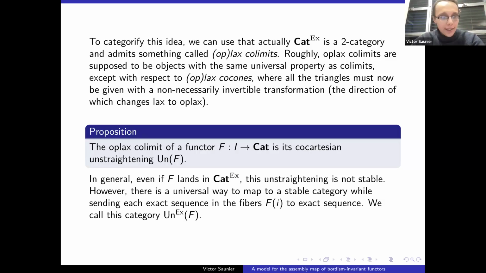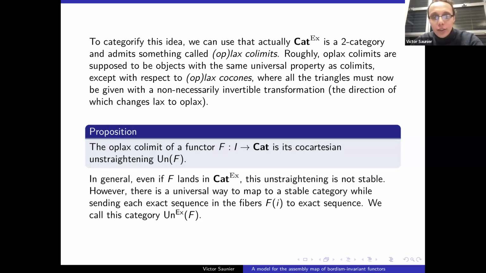Now, in similar fashion to the fact that stable categories are closed under limits but not colimits in cat, even if you start with an exact functor which lands in stable categories and exact functors, it's not true that the co-Cartesian unstraightening is stable. But this is not a problem.